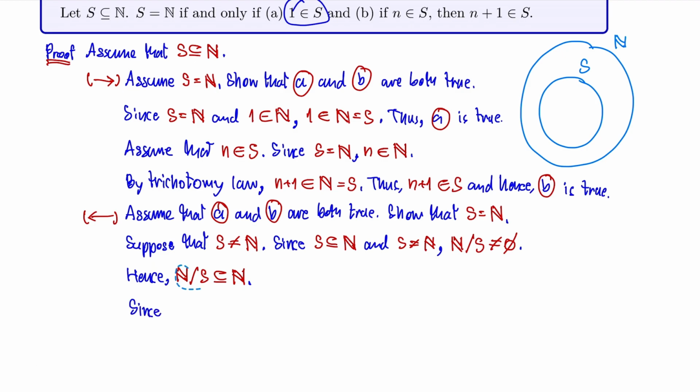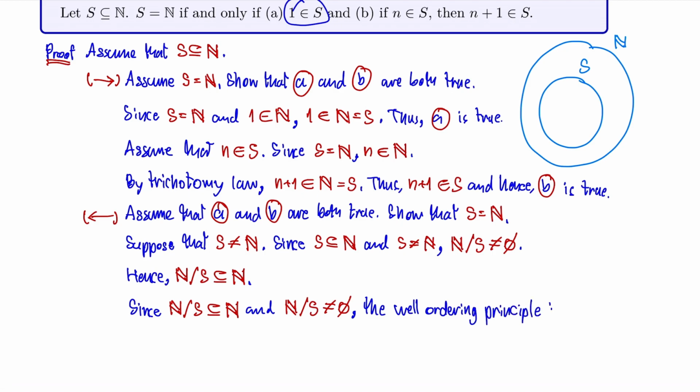It satisfies the well ordering principle. Okay? Because we have a subset of natural numbers, and this subset is not empty. So we can use the well ordering principle. So the well ordering principle, what does it imply?